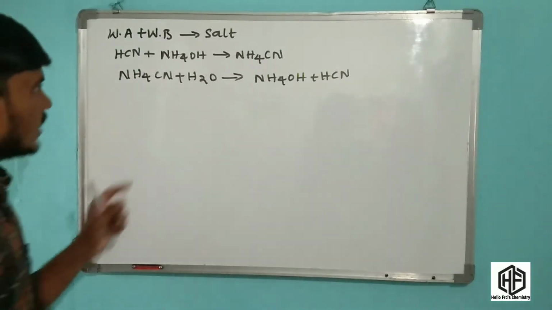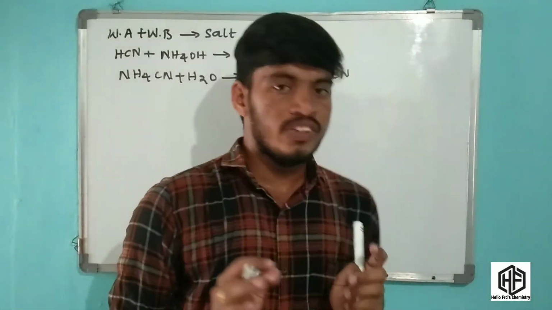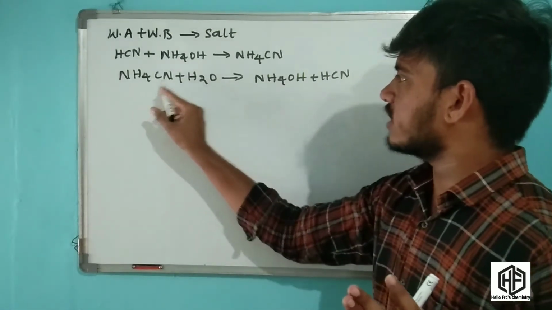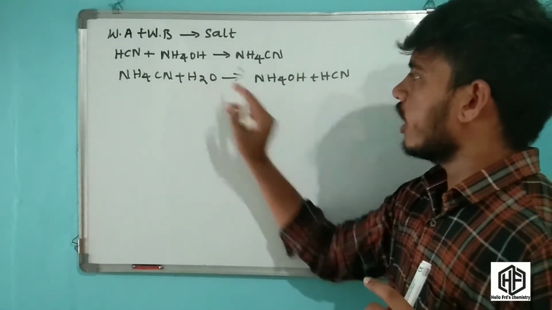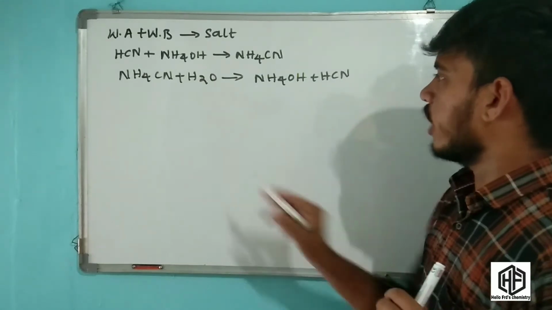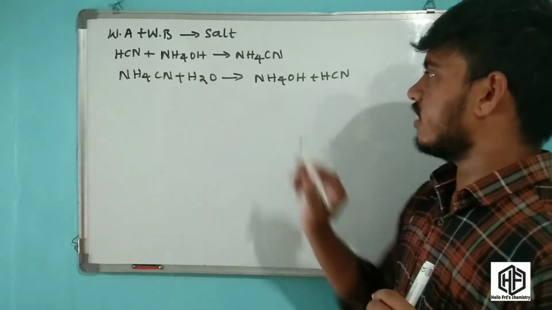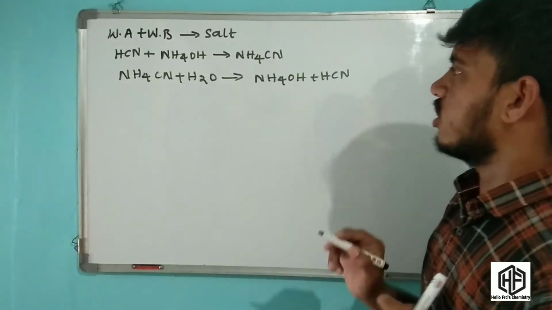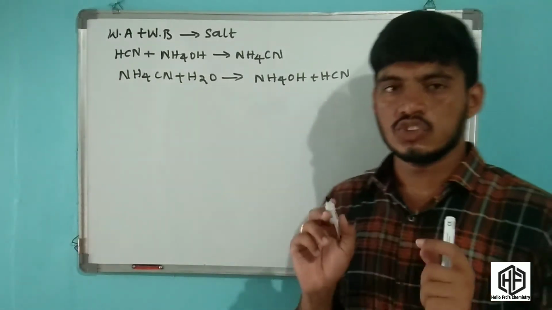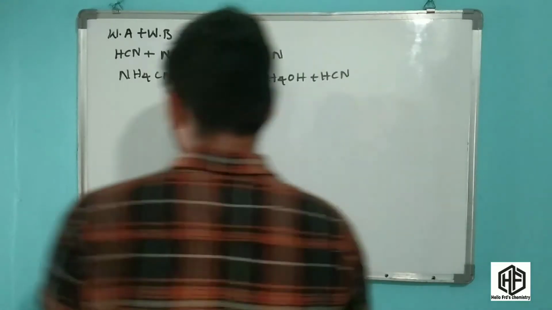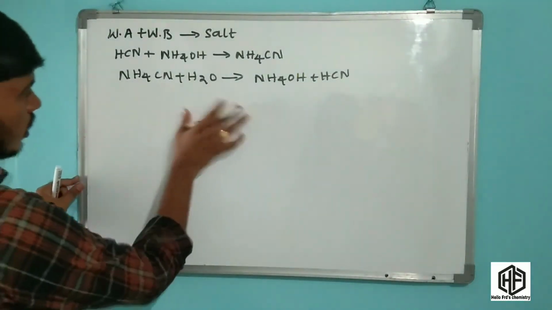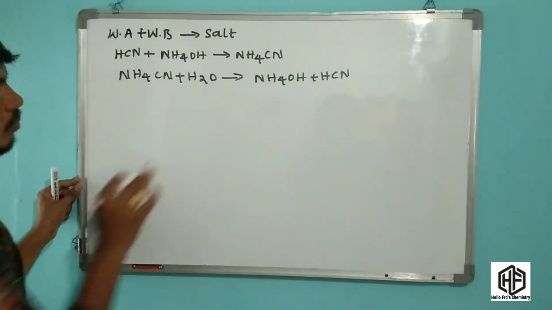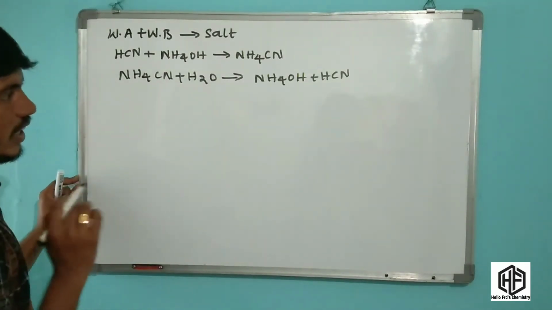Friends, weak acid plus weak base shows hydrolysis, because NH4+ reacts with OH- to form NH4OH, and CN- reacts with H+ to form HCN. Now whether the solution is acidic or basic depends upon the Ka and Kb values.